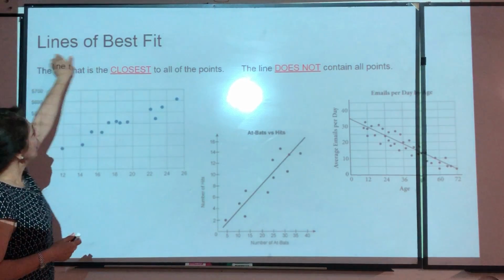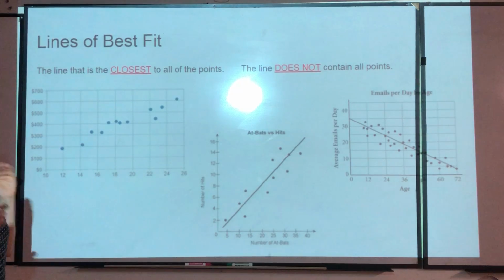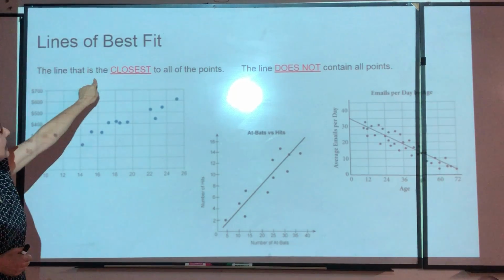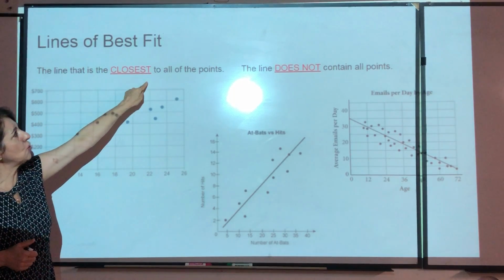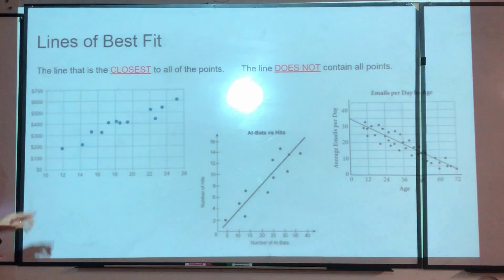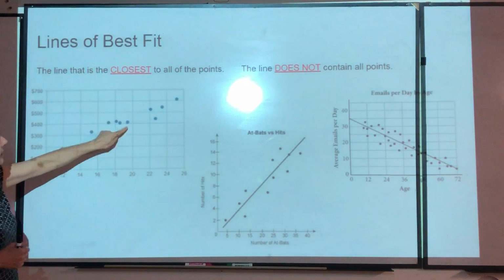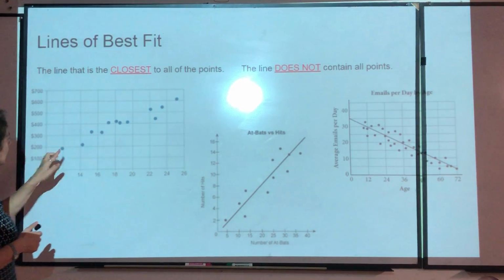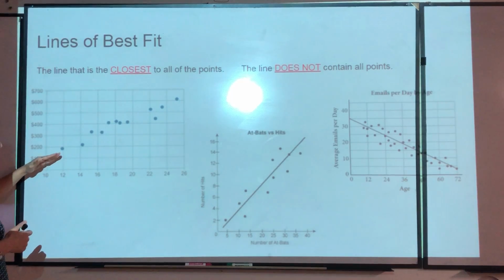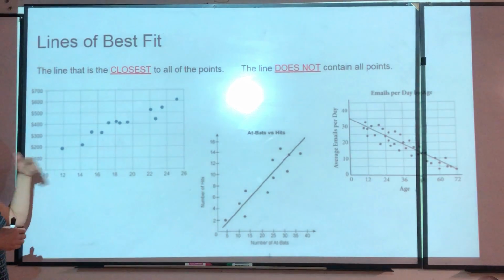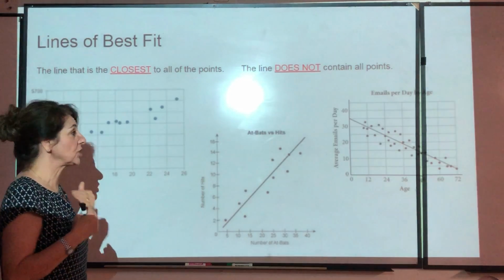So here we are, lines of best fit. The line of best fit is the line that is closest to all the points. Here, the points are not aligned, but we are going to draw the best information possible.